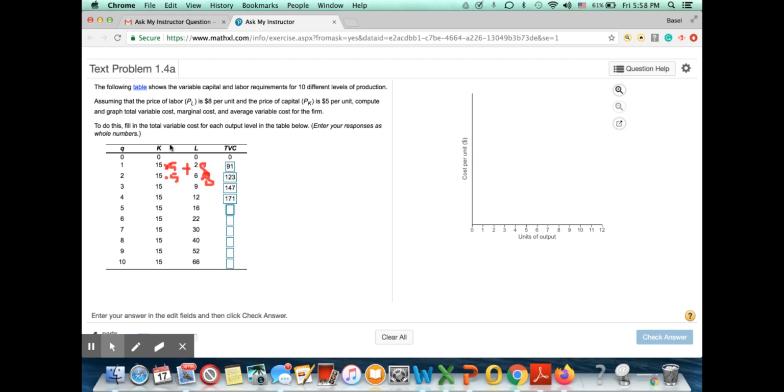And 16 multiplied by 8 plus 75 is 203. 22 multiplied by 8 plus 75, so I got 251. 30 multiplied by 8 plus 75, that's 315.